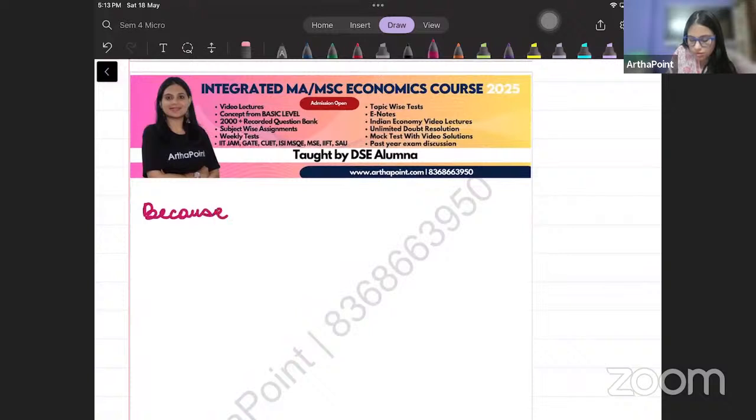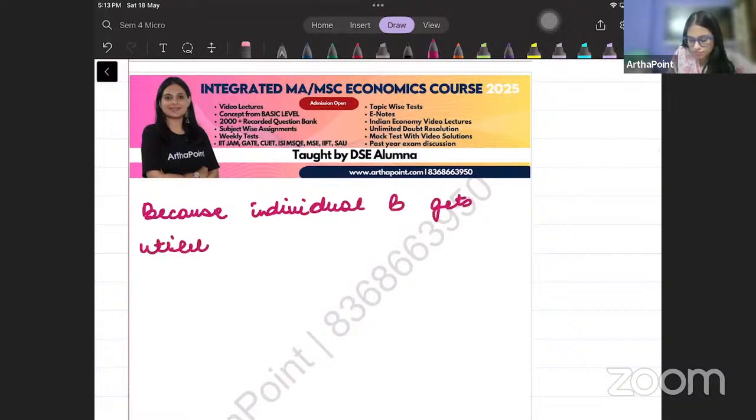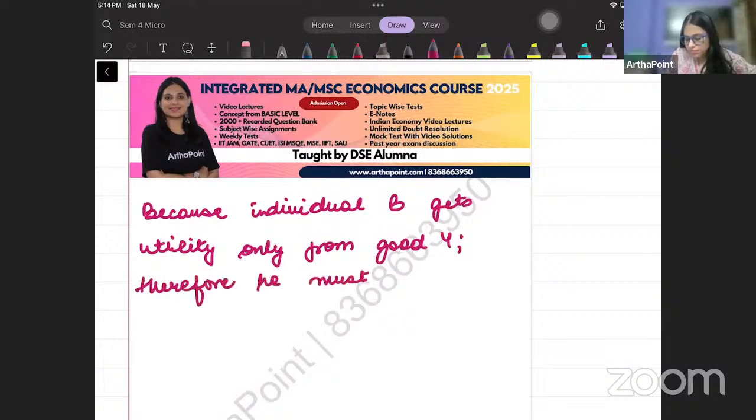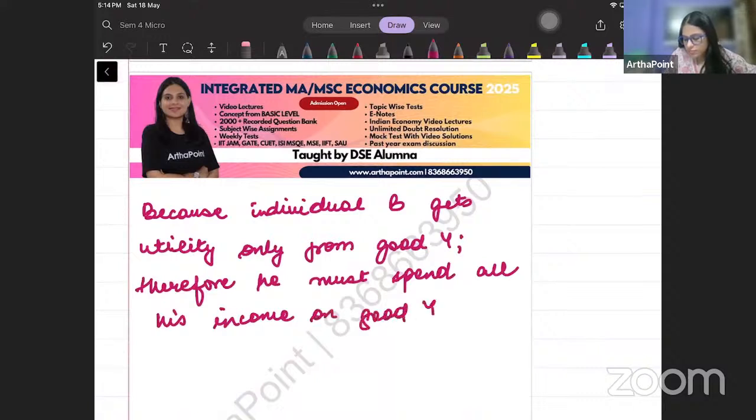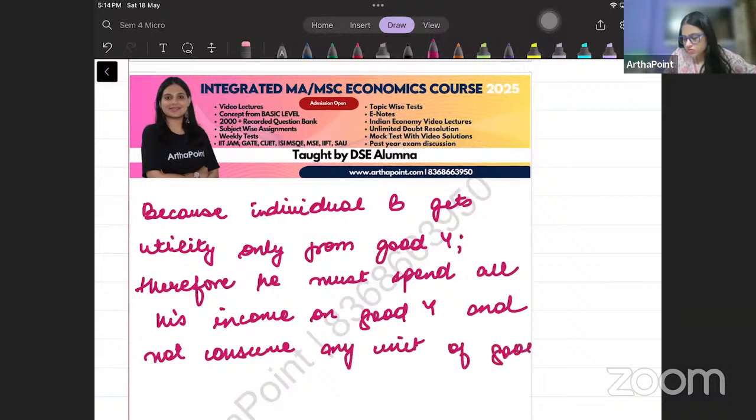Because individual B gets utility only from good Y, therefore, he must spend all his income on good Y and not consume any unit of good X.